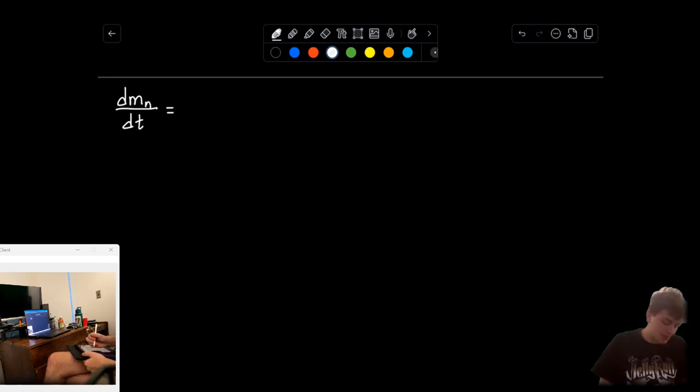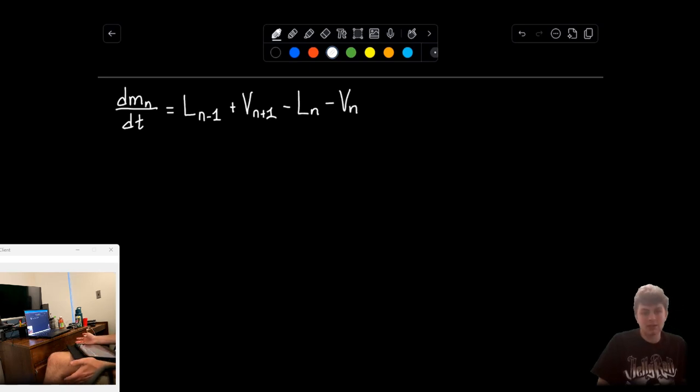What's going to be coming into the tray is the liquid from the tray above it plus the vapor from the tray below it, minus the liquid leaving that tray, minus the vapor leaving that tray. That's it. We're working in molar flow rates. We said we could assume vapor molar flow rates are constant for each section, and so that is it because we're ignoring vapor dynamics.